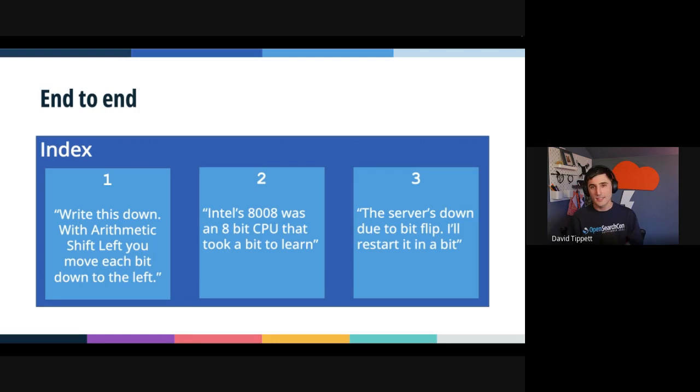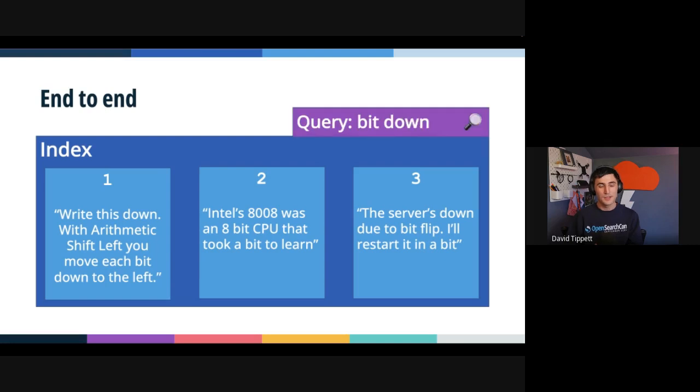So here, let's do an example end-to-end calculating the BM25 score. So we've got our query with the words bit and down, and we're just going to score document 1. Document 1 has down 2 times. Document 1 has bit 1 time.